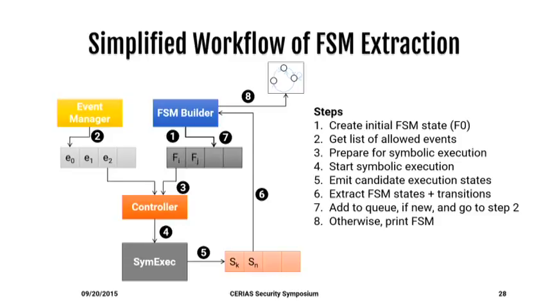If it's not a new state, you don't worry about it. If it's a new state, you put it in the queue. Then you add the transition. You do the same for transitions: you see whether it's a transition you have seen before. If yes, you keep it, else you throw it out. And you keep doing it until you don't see anything new anymore. That's basically a fixed point calculation. Once that is done, you just output the FSM.